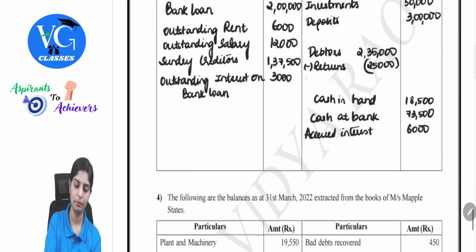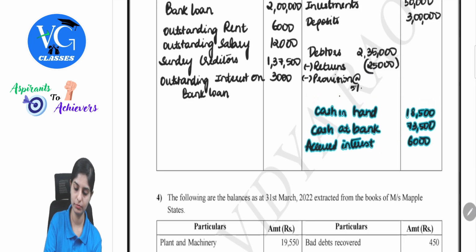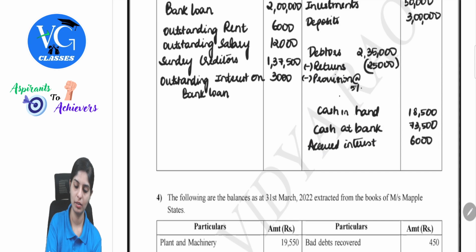So provision at 5%. So that will be on what value? That will be 2,35,000 minus 25,000, which is 2,10,000 into 5%.